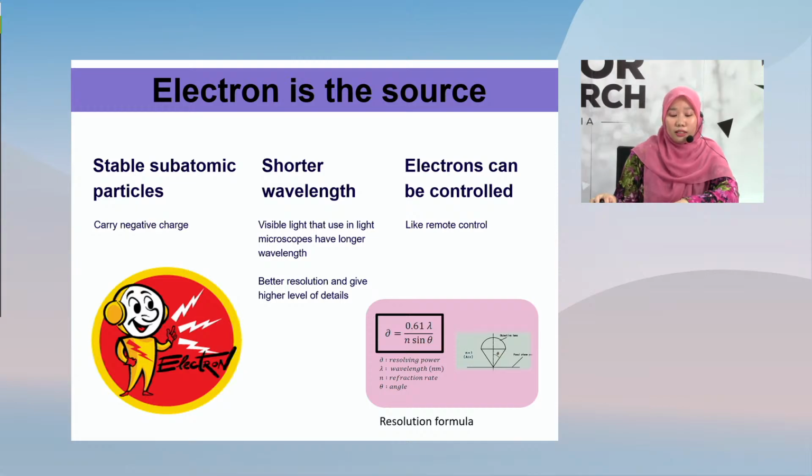As we recall in the study of chemistry, electrons are stable subatomic particles that carry a negative charge, and an electron beam has a much shorter wavelength than the visible light that light microscopes use, which we refer to as the de Broglie wavelength, as we learn in the physics series. This shorter wavelength allows for higher resolution of detail and a higher level of imaging.